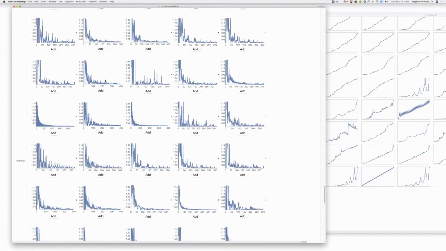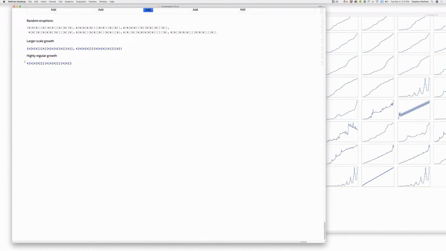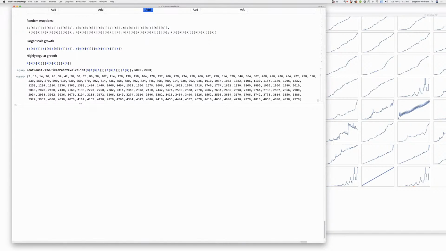So let's say this one here, let's just say SK fixed point evolve list of this thing. Okay, let's look at ratios of those.